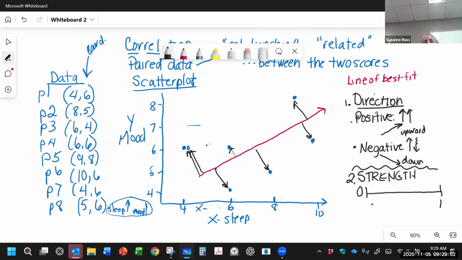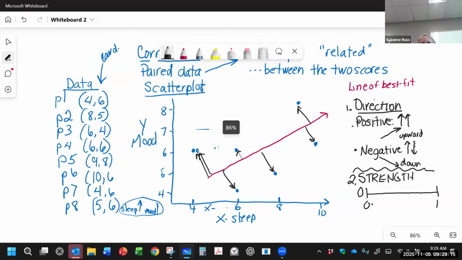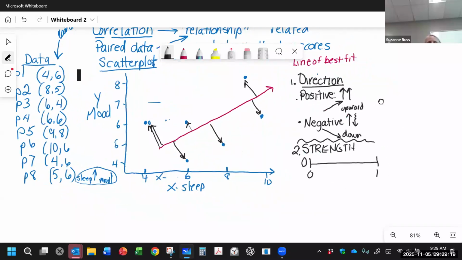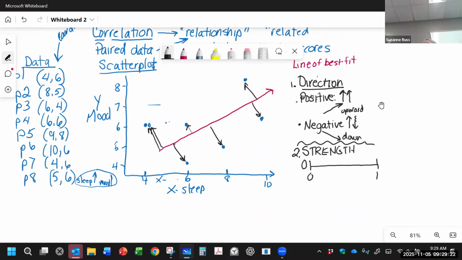So what's the number that comes right in the middle of 0 and 1? 0.5. 0.5 would be considered a moderate relationship. If that rings a bell, it should, because remember 0.5, that's how we rated a moderate effect size, isn't it? It's the same thing here. We're going to call a moderate relationship a 0.5. It's the number right in the middle.